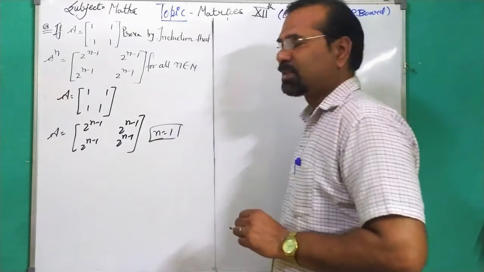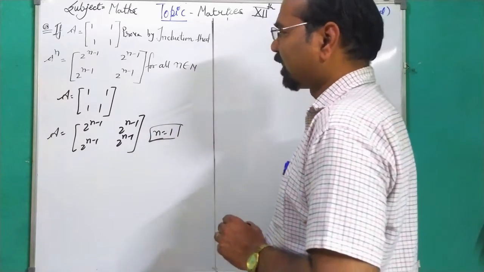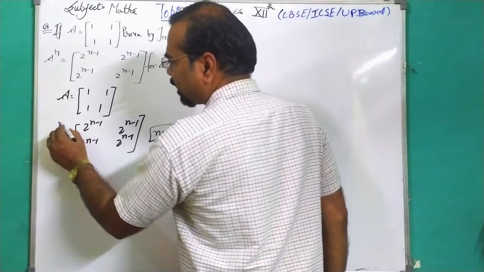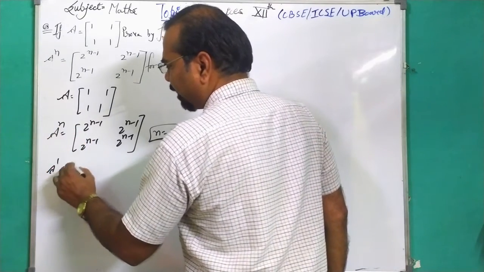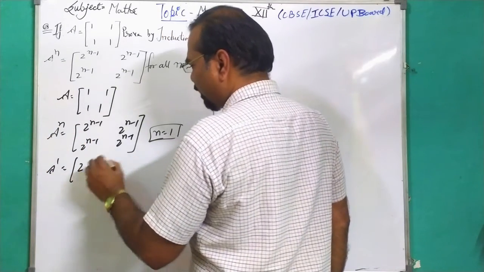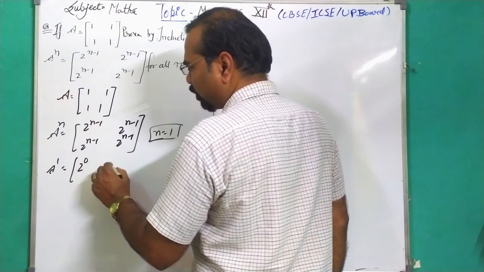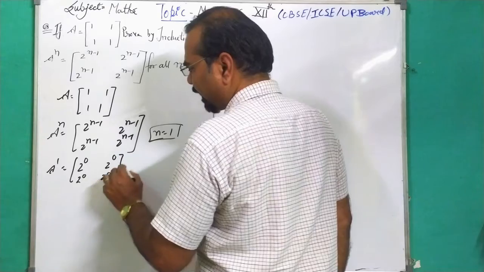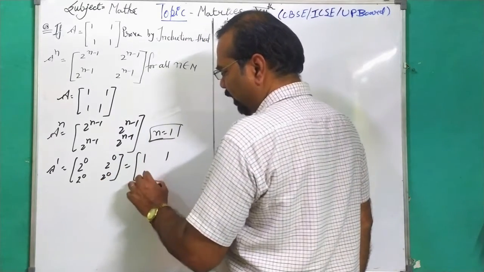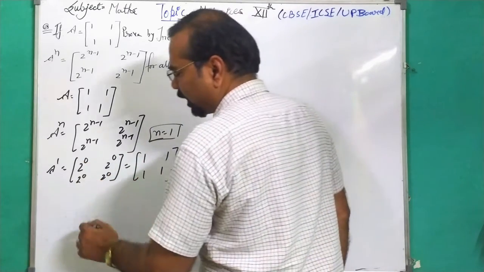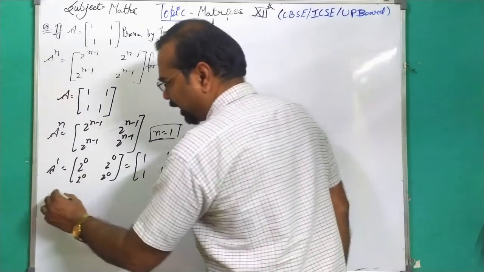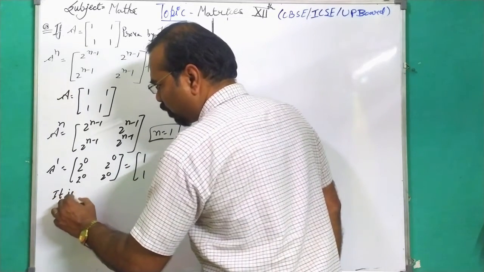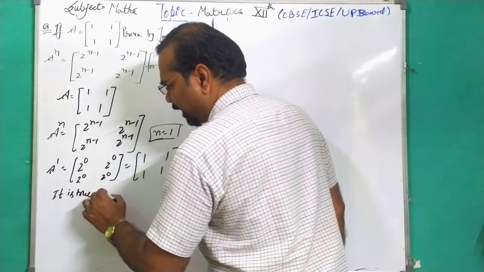For n equal to 1, 2 raised to the power 1 minus 1 is 2 to the power 0, which gives 1 in every entry, so we get [1 1; 1 1]. So it is true for n equal to 1.